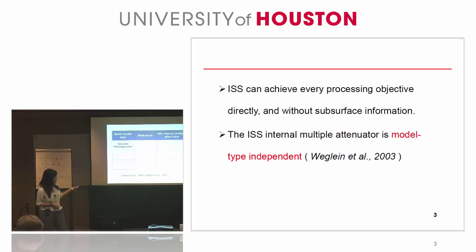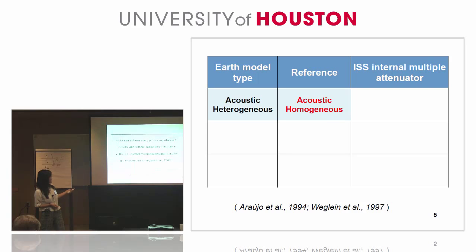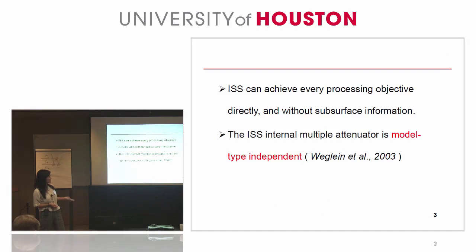And from the paper by Weglein and his colleagues in 2003, it's understood that for both free surface multiples and internal multiples, those algorithms not only don't care about the subsurface information, they don't care what kind of model type you have in mind. Since you can change your Earth model to be acoustic, elastic, or what I will show you is inelastic, all those algorithms don't need to change even one line of your code.